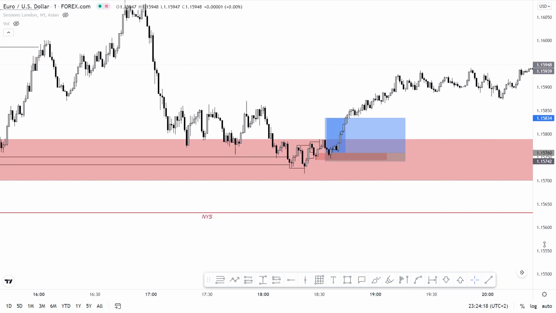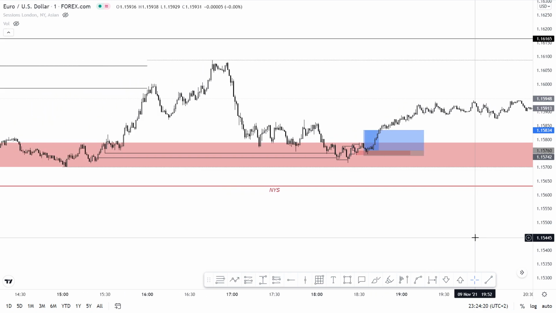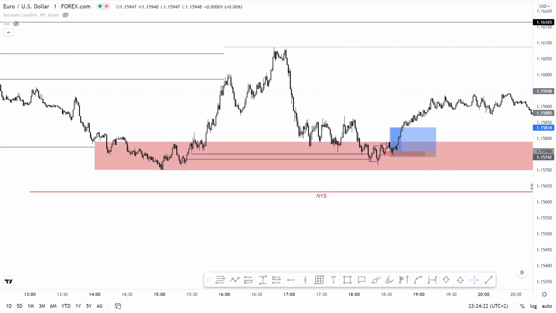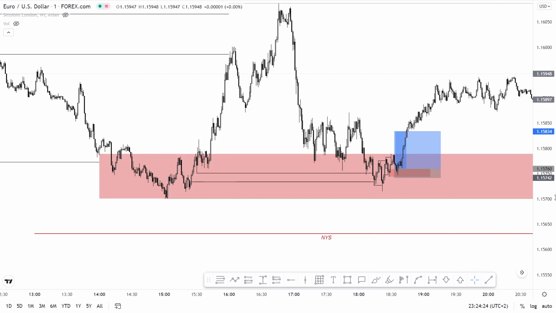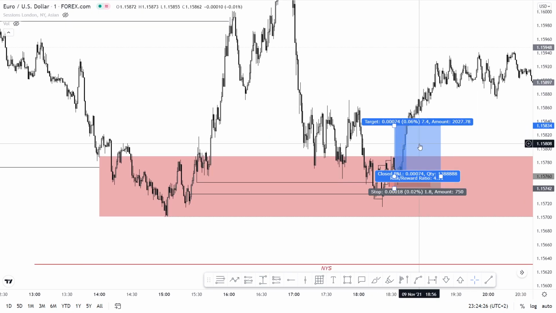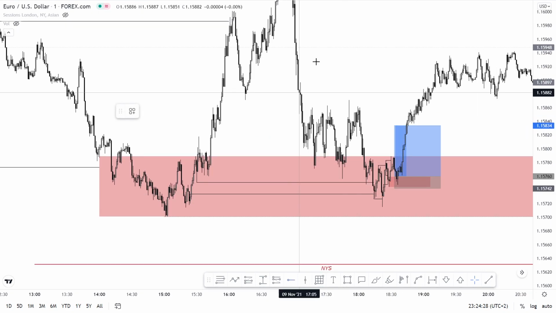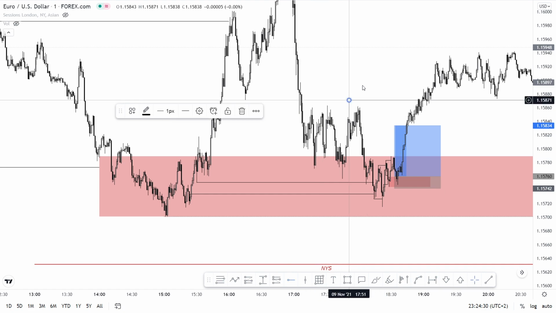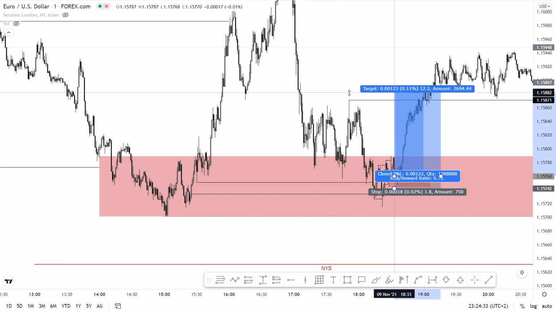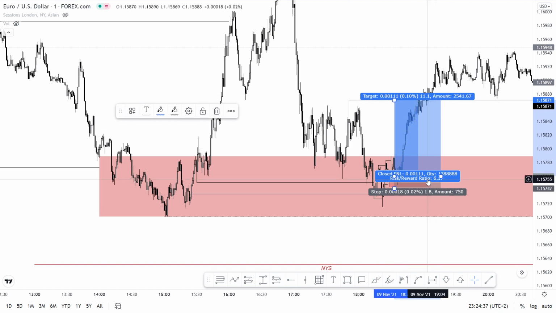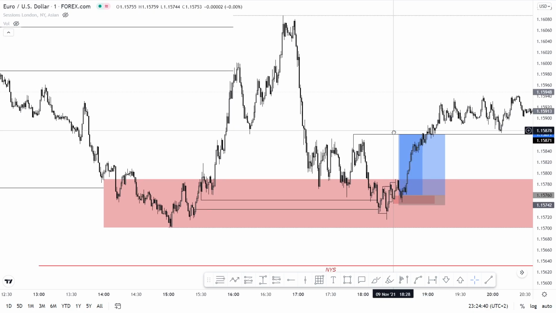Basically my targets are from the high time frame, but ideally what you want to be doing is targeting where the retracement started from. You can easily target here, which is still a good target. It's around 1:6. So if you're risking 1%, this would have been a 6% gain.